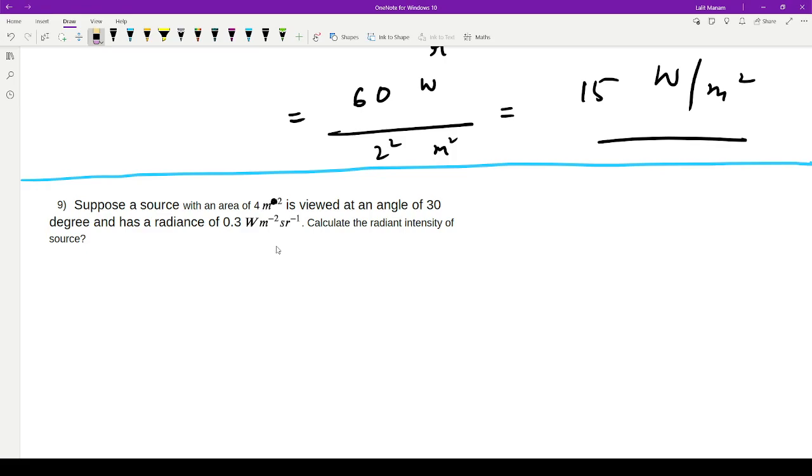I think this was the question that was asked here. So what do we have? Viewed at an angle of 30 degrees, that means you have theta as 30 degrees. So you have that foreshortening effect.